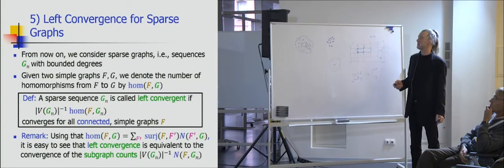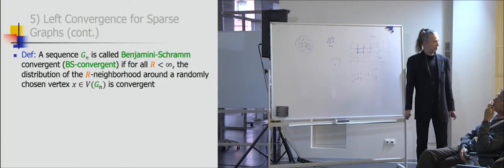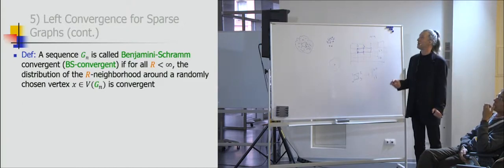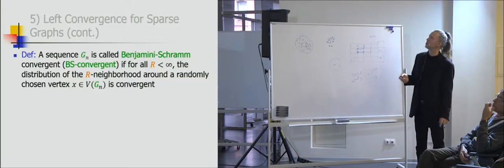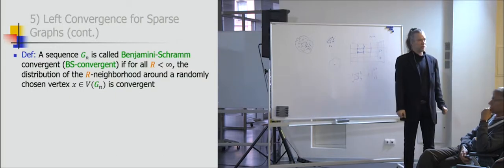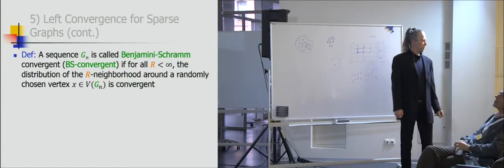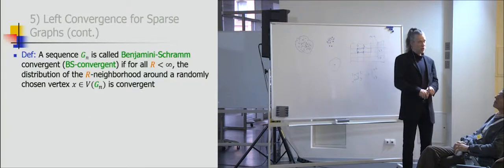And what you get is a different notion. I want to call it Benjamini-Schramm convergence. This is local weak convergence. So what does that mean? We have a large graph and we want to know if a sequence of graphs is convergent. Let's say the internet. I choose a random vertex in the internet and then I look around me and say, how does my neighborhood look?